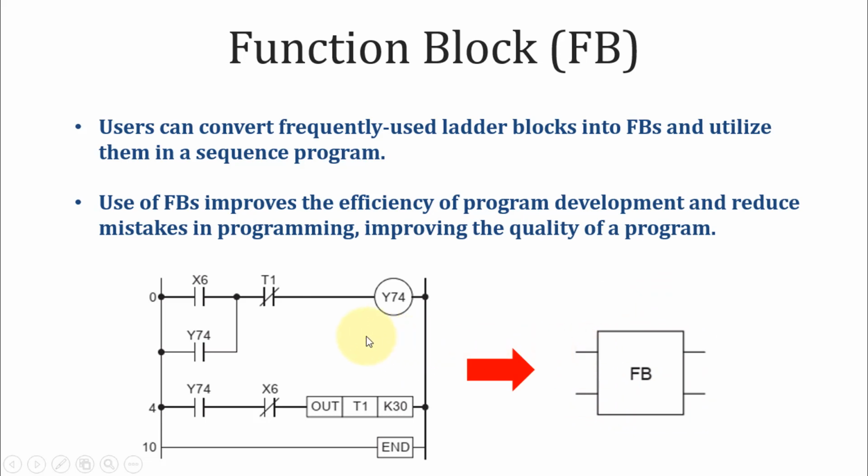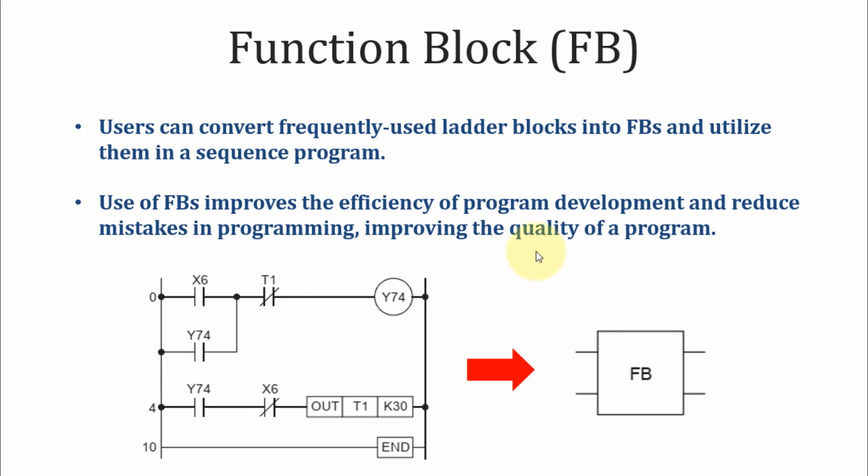Instead of writing the ladder program everywhere, we can use this functional block. It will improve the efficiency of a program, reduce the program development time, and reduce the mistakes in the ladder programming. Also, it will improve the quality of a program. In a later lesson, we're going to discuss these advantages of function block in detail.